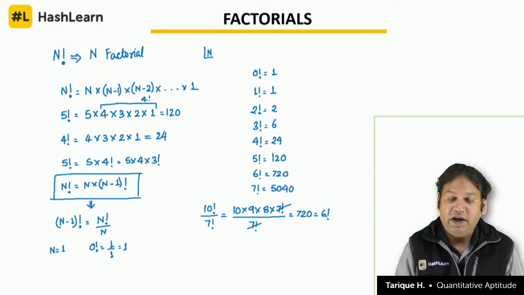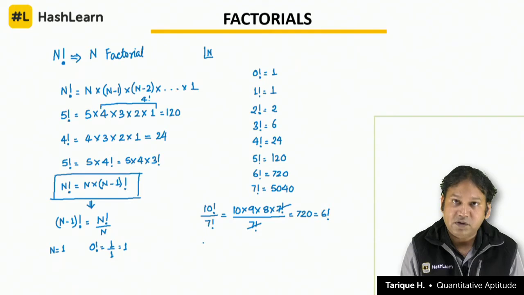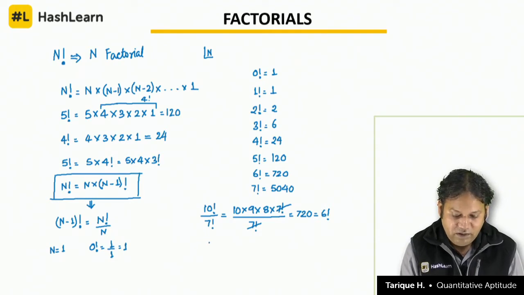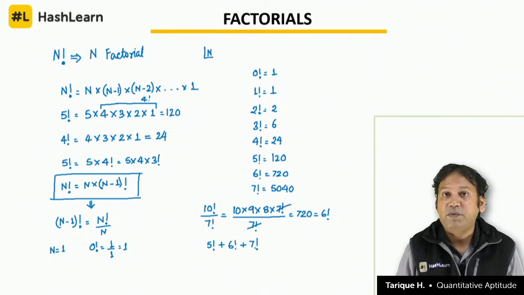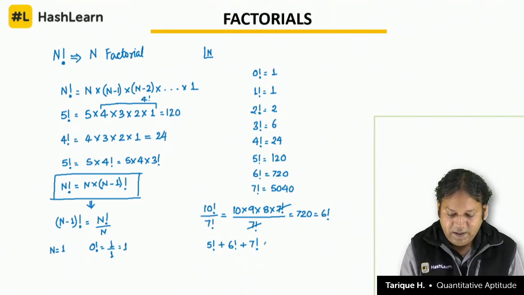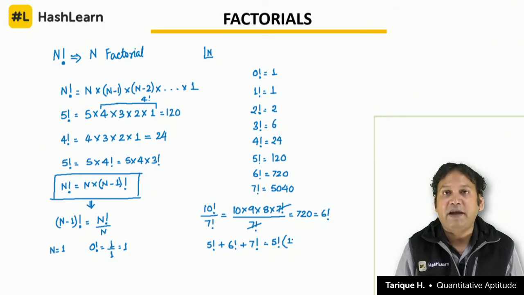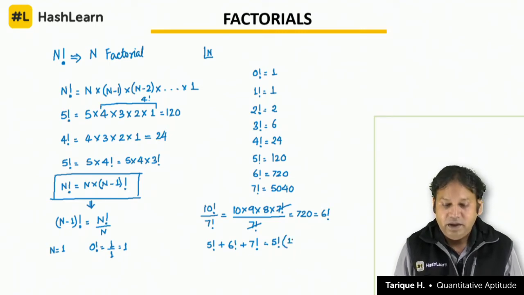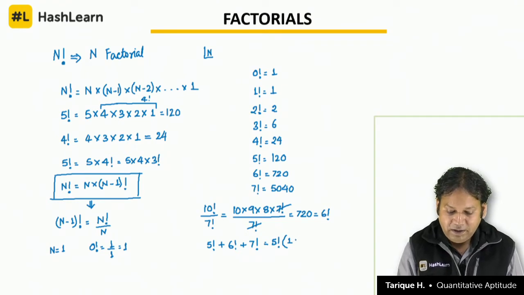Also, how to take factorials common. Let us say for example, what is 5 factorial plus 6 factorial plus 7 factorial. How do we take factorials common? So we can say here, let 5 factorial be common, then in the bracket inside we can say 1, because 5 factorial into 1 is 5 factorial, right, plus 5 factorial into 6 is 6 factorial.